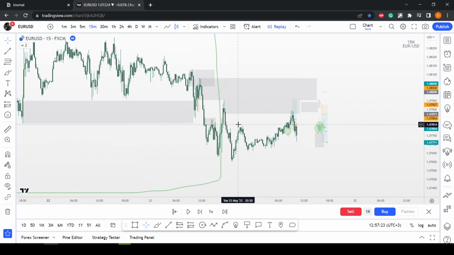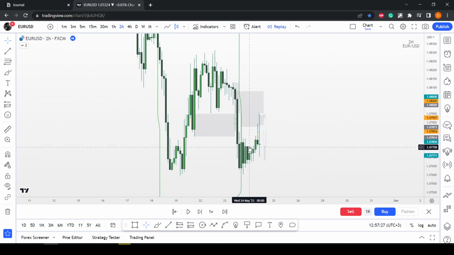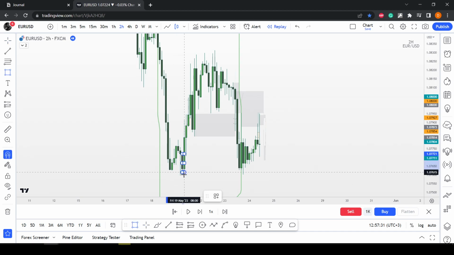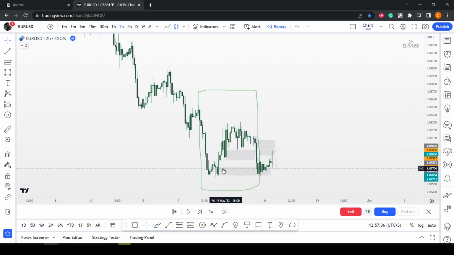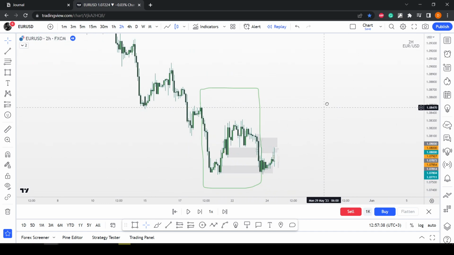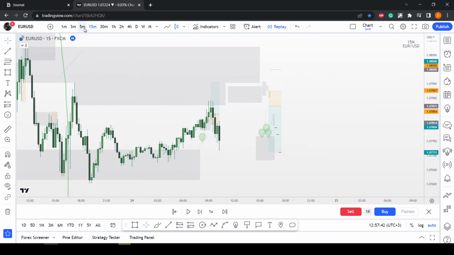Now here we had, so I continued to try to long it. I had this idea of continuation to the upside, but again, as you can see, it was wrong.